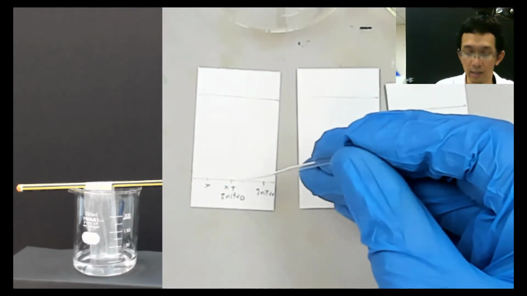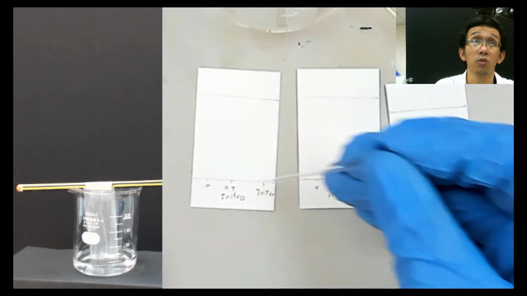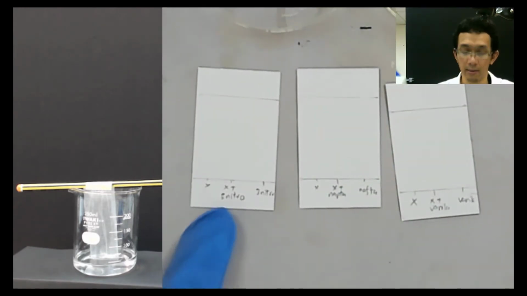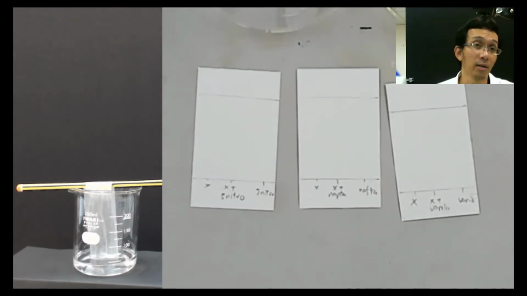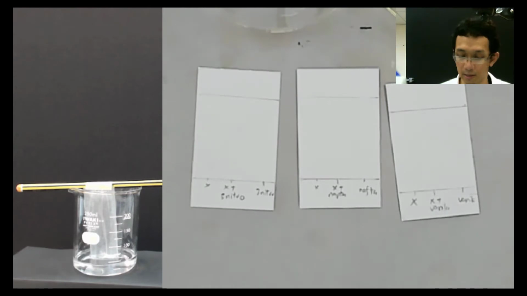You are spotting on the same place as the previous spot. So now the middle becomes a mixture of compounds. If the middle is the same compound, then it will give only one spot later on. If it is a different compound, then you will see a different retention, a different spot later on.